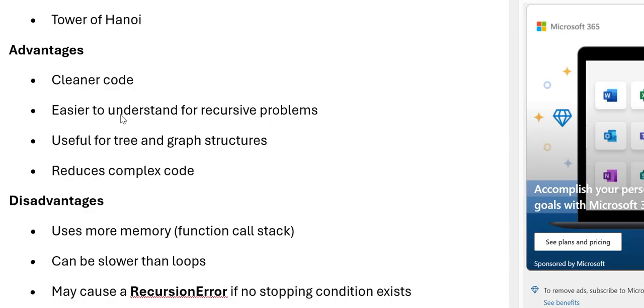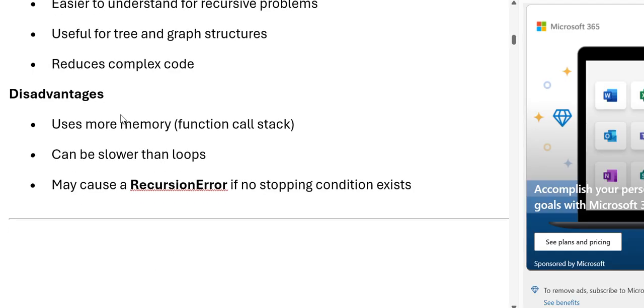It is also useful for tree and graph structures. It makes things really easy whenever you have to make a graph structure or a tree structure. It reduces complex code, so your code will be less complex. That is how it has advantages.